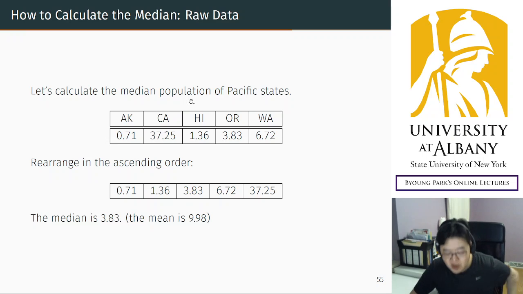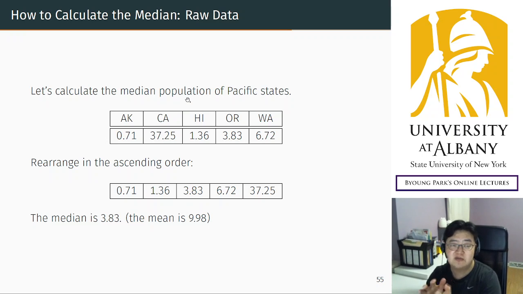Now I'm going to show you how to calculate the median. Remember, we learned how to calculate the mean, and there were two different types of information we usually use. One was when you have raw data, and the other was when you have a frequency distribution table or a probability distribution table.